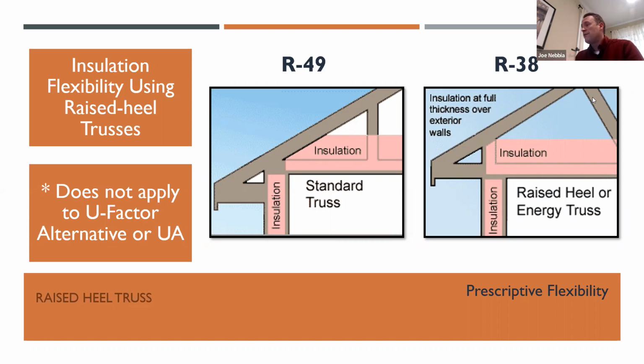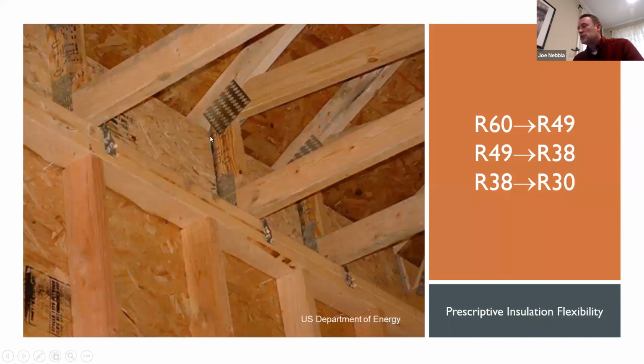And in climate zones 4 and 5, I can go from an R60 to an R49 if I have a raised heel truss and I can get my R49 all the way across that on top of the top plate at the eave and across the attic at an R49. And you'll need a different raised heel truss, obviously, for that R49 than you would for the R38. Here's a picture of one.